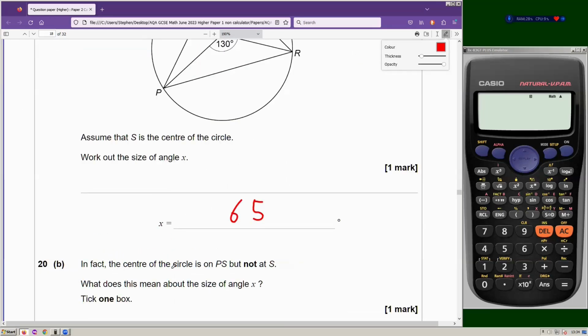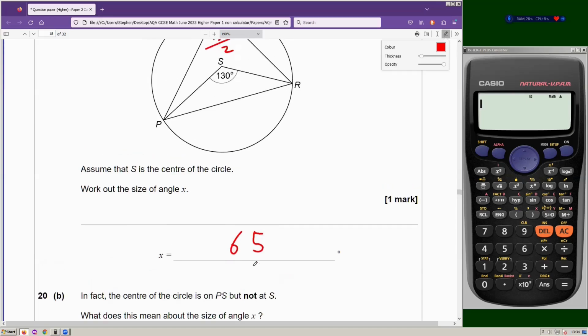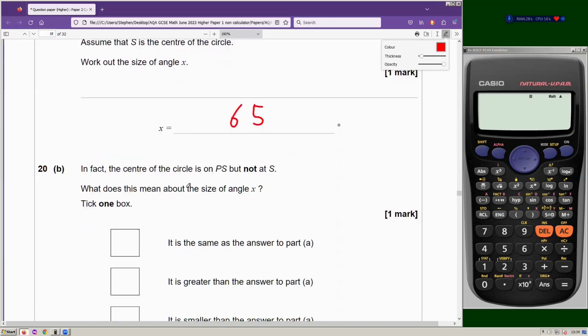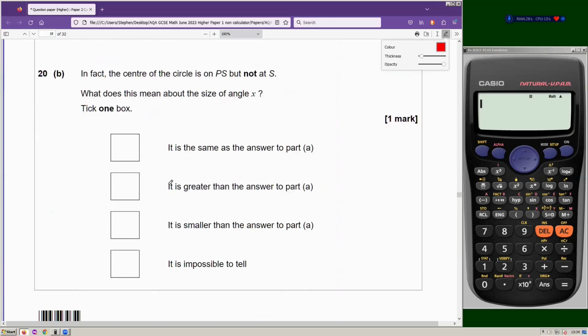In fact, the center of the circle is on PS, not at S. That would make this angle bigger. What does this mean about the size of angle X? Well, it's going to be bigger. It is greater than, yes, I think that's right.